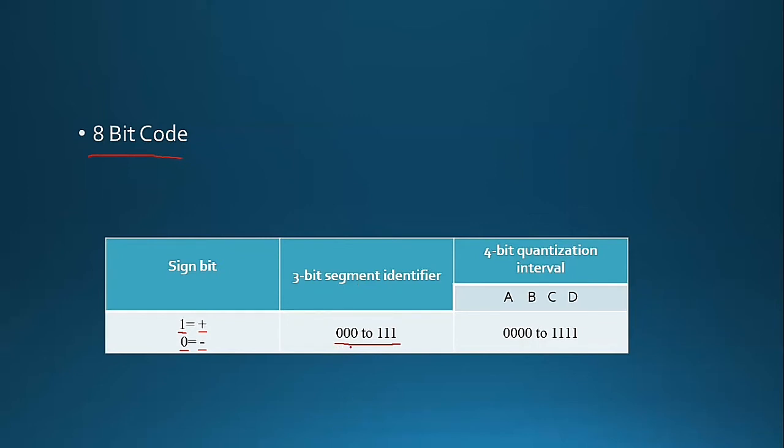This 3-bit segment identifier tells where it belongs. It could be segment 0, segment 1, until segment 7. Afterwards, we have our 4-bit quantization interval, which could be between 0000 until 1111.